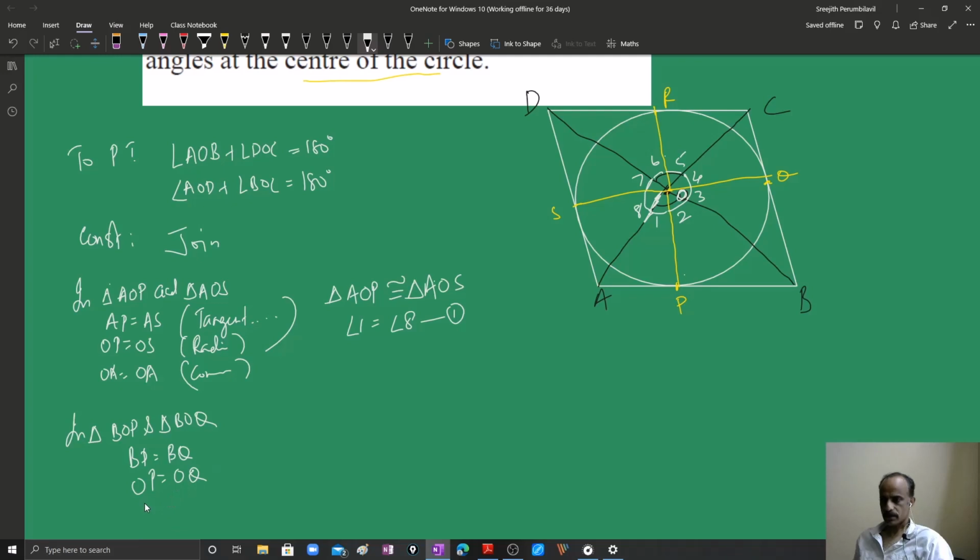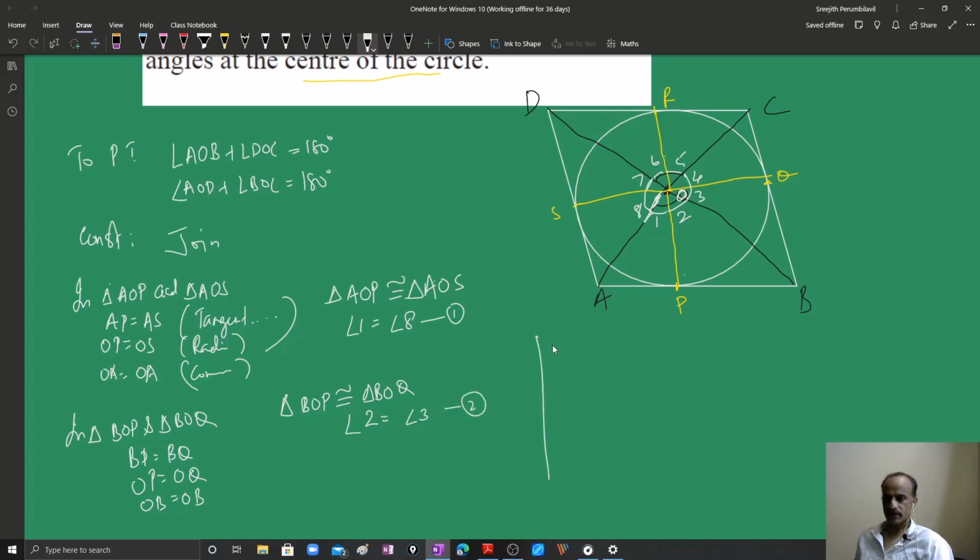And OB equal to OB, common. That means triangle BOP is congruent to triangle BOQ. That means angle 2 is equal to angle 3.